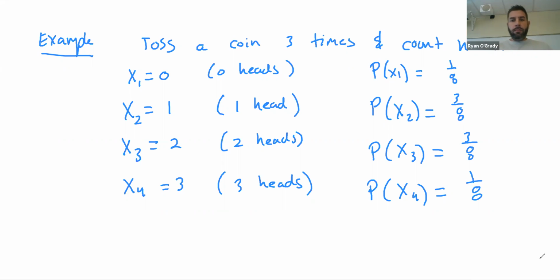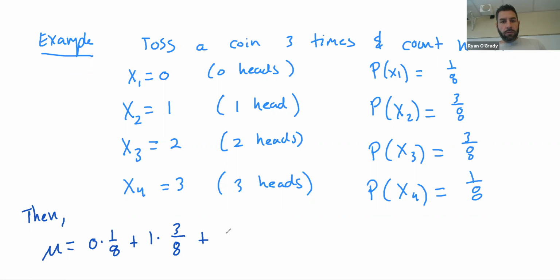Okay, so what does the mean become then? Well, the mean is 0 times 1/8 plus 1 times 3/8 plus 2 times 3/8 plus 3 times 1/8. And of course, the first one is 0, so you're left with 3 plus 6 plus 3.